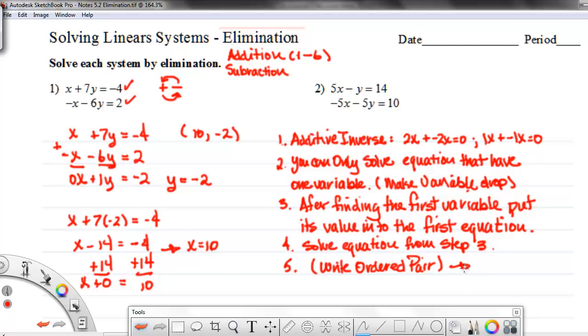And remember, that has to be an x and a y. And then last of all, in this step, you always want to check your work. So check your answer.